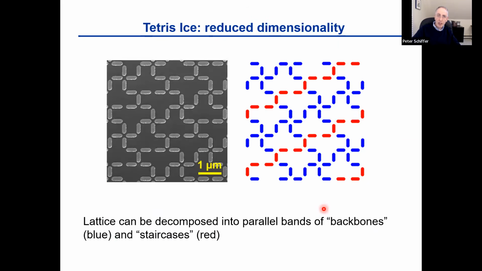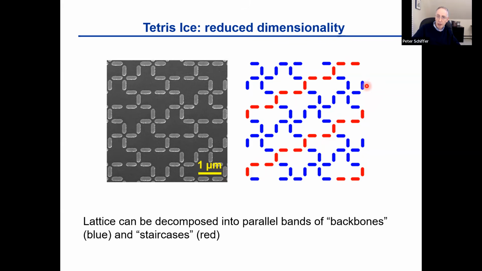Another one is the Tetris ice. I think you can probably see why we called it Tetris, because of the little blocks here. Tetris ice, it turns out, if you look at it closely, has a reduced dimensionality. It's got a reduced symmetry, and you can kind of break it down into stripes. The red ones here we called staircases for sort of obvious reasons.